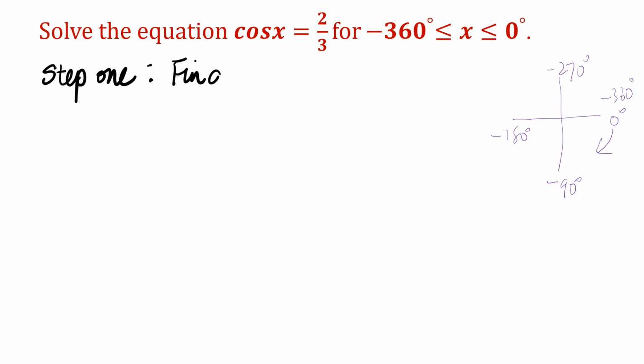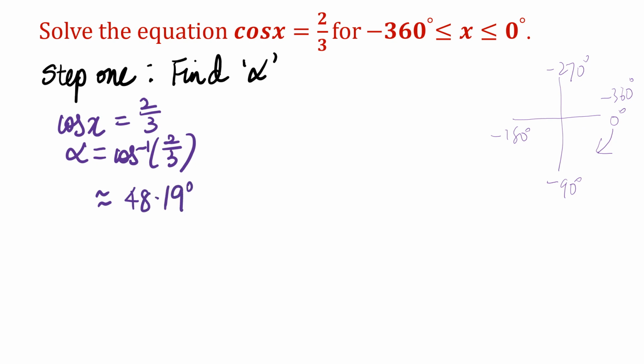Right, so step one, as usual, we have to find alpha. So alpha will just be cosine inverse 2/3, which gives you 48.91. All right, then step two, we have to determine which quadrant, given that cosine x is a positive value.